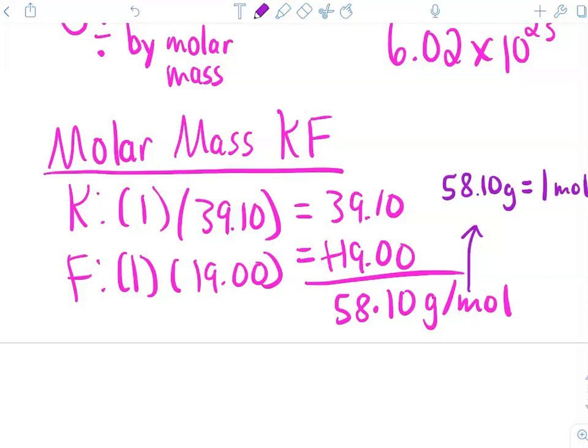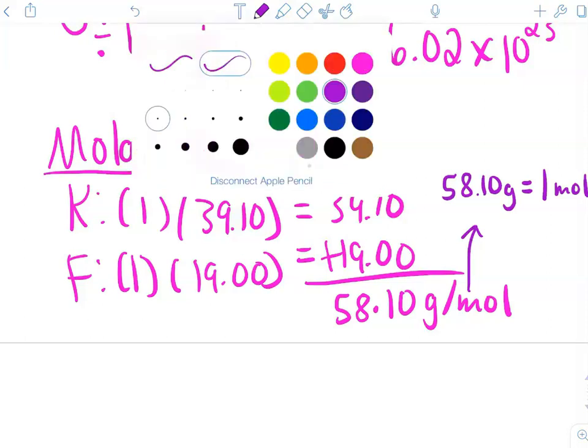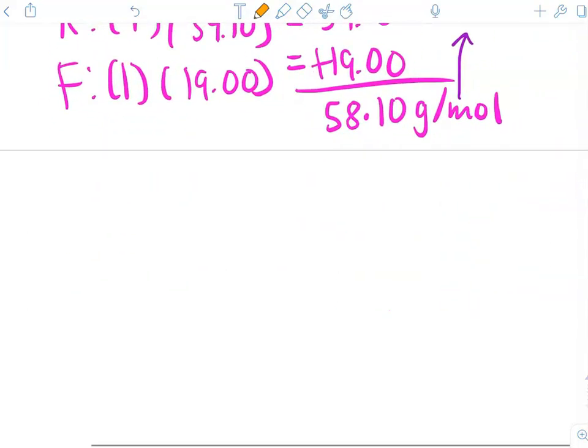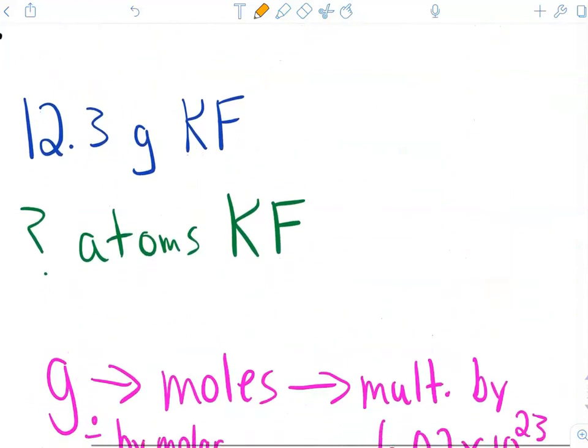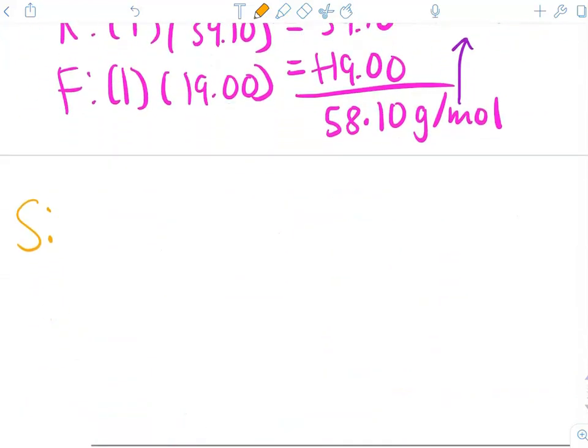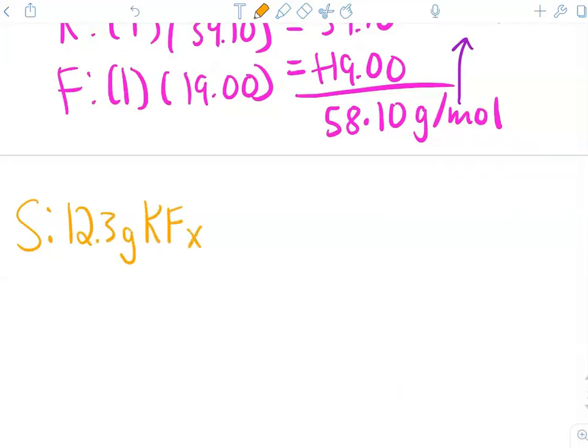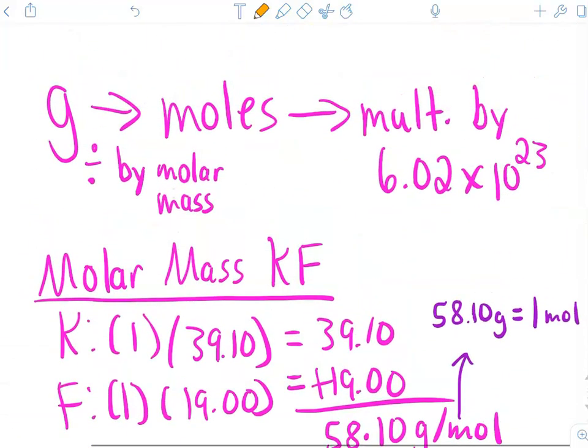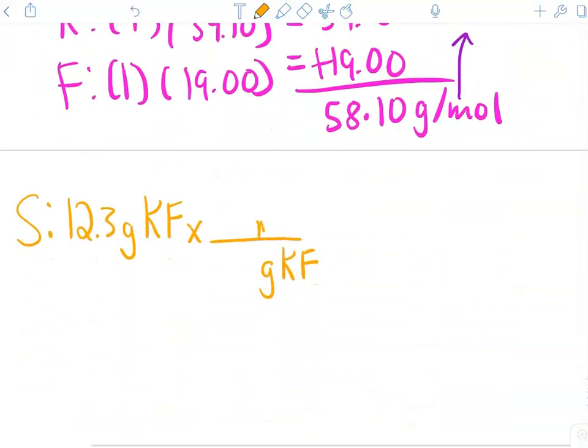Okay? Now we can go through and do our setup. And if you remember, every time that we do our setup, we always start with what we're given, which was the 12.3 grams. Okay, if I start with grams of KF on the top, grams of KF has to be on the bottom. And if I come up here and look at my path, I'm going to moles. So that means that the mole of KF is going to be on the top.